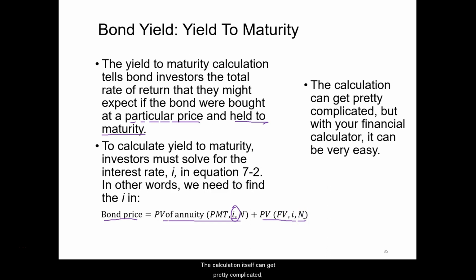The calculation itself can get pretty complicated, especially if we have a long-term bond. But with your financial calculator, it can actually be pretty easy. So I'll show you how to calculate the yield to maturity by some examples.